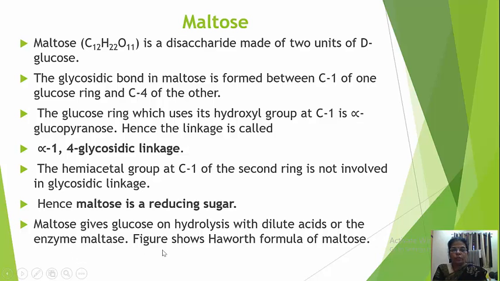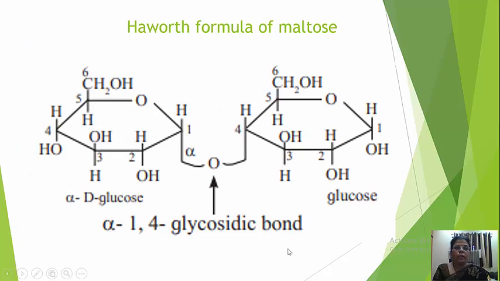Now we are going to see the structure of this maltose according to Haworth projection formula. This is the structure of maltose. Now in maltose, this is alpha D glucose and this is also alpha D glucose. But here this glycosidic linkage is formed like this.